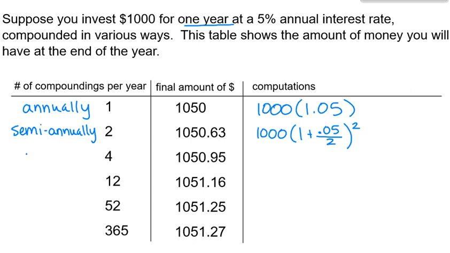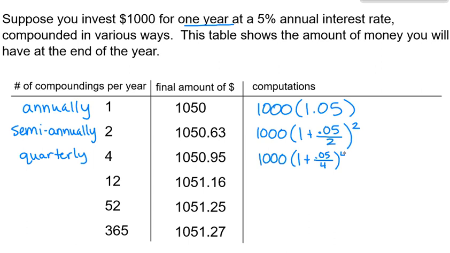4 times a year is quarterly. So what we would do is take our $1,000 investment, we call that the principal, and then multiply it by 1 plus your 5% annual interest rate divided by 4. That will happen 4 times a year, at the end of 3 months, 6 months, 9 months, and 12 months.